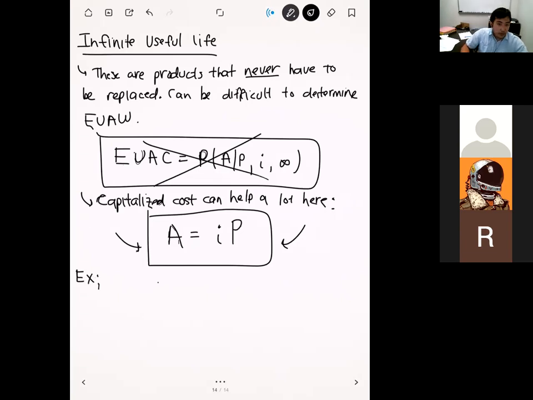Let's do an example real quick. Let's say that LA County is considering the expansion of one of their aqueducts.